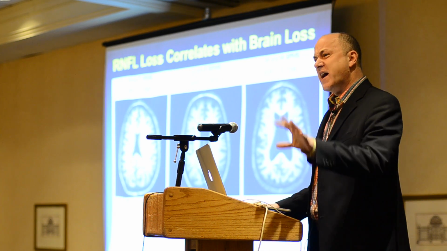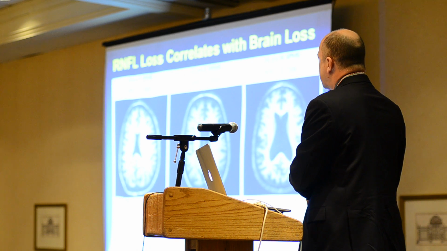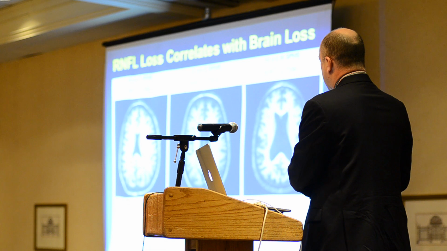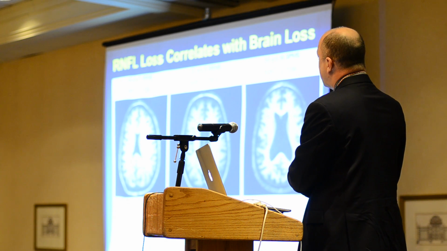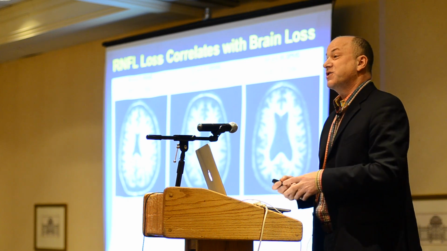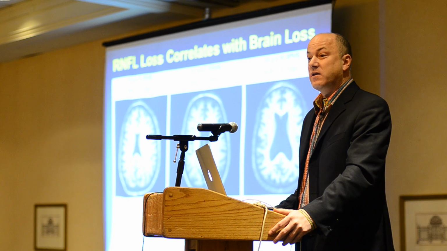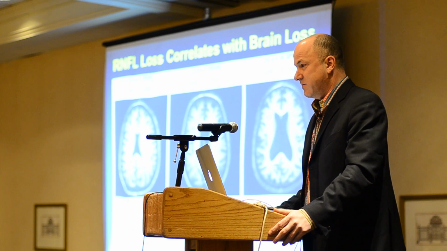So just by shining a light and looking at the proportion of retinal nerve fiber layer loss, here you can see mild loss getting worse and worse, and the associated brain scan where this is brain parenchymal fraction. So it's just a percentage of how much of the volume of your skull is composed of brain.